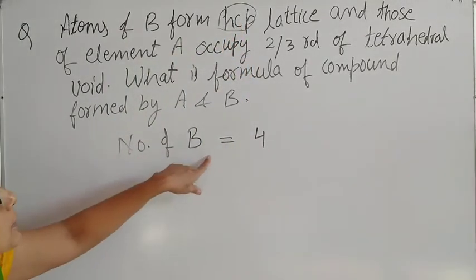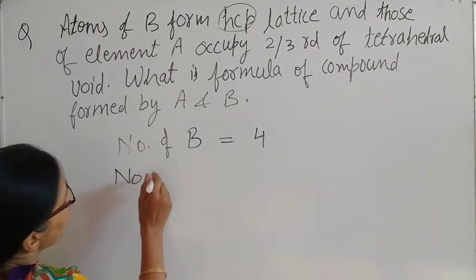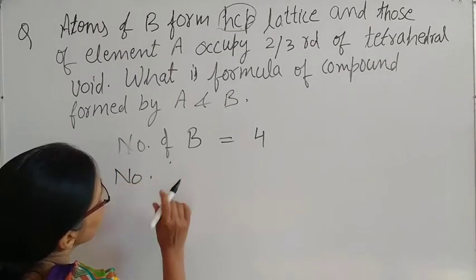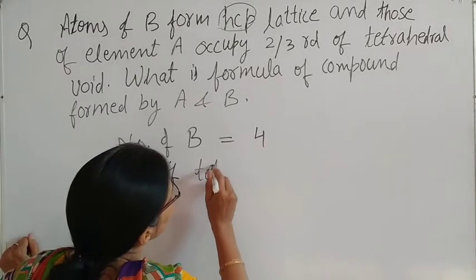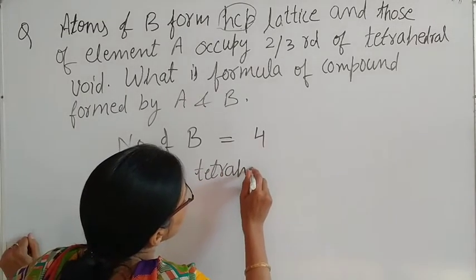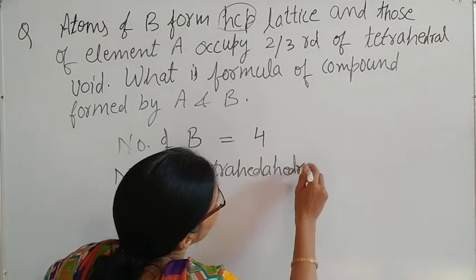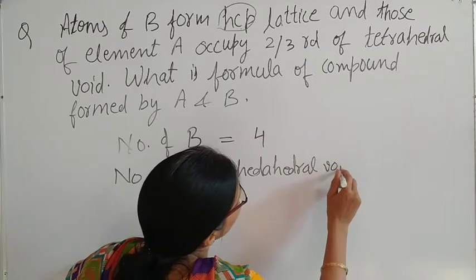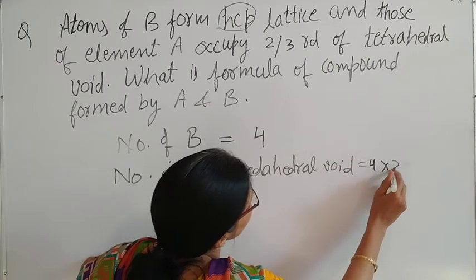So if the number of atoms is equal to 4, you need to determine the number of tetrahedral voids, which is equal to 4 into 2.